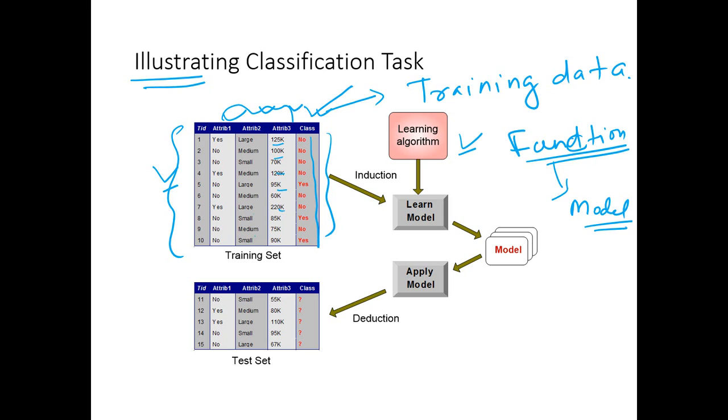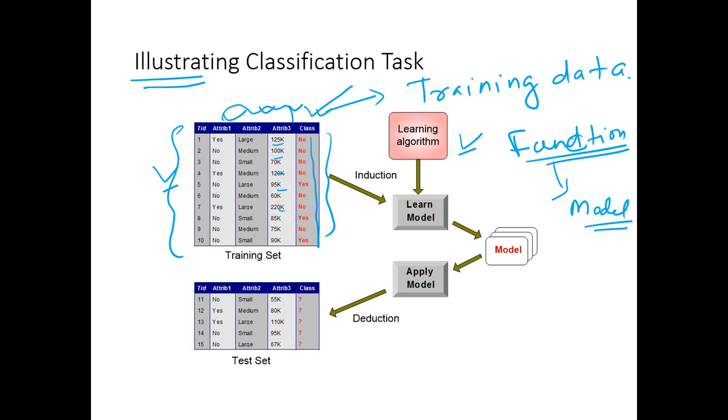It is a type of algorithm which uses training data to find the relationship between a class and its attributes. And decision tree is one of these learning algorithms. There are several of them. You might have heard about other learning algorithms, but decision tree is just one of them.